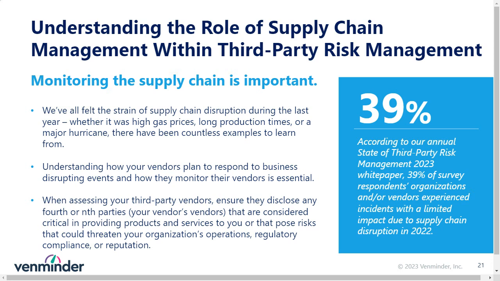And interestingly enough, according to our annual State of Third Party Risk Management 2023 white paper, 39% of survey respondents, organizations, and/or vendors experienced incidents with a limited impact due to supply chain disruption in 2022.